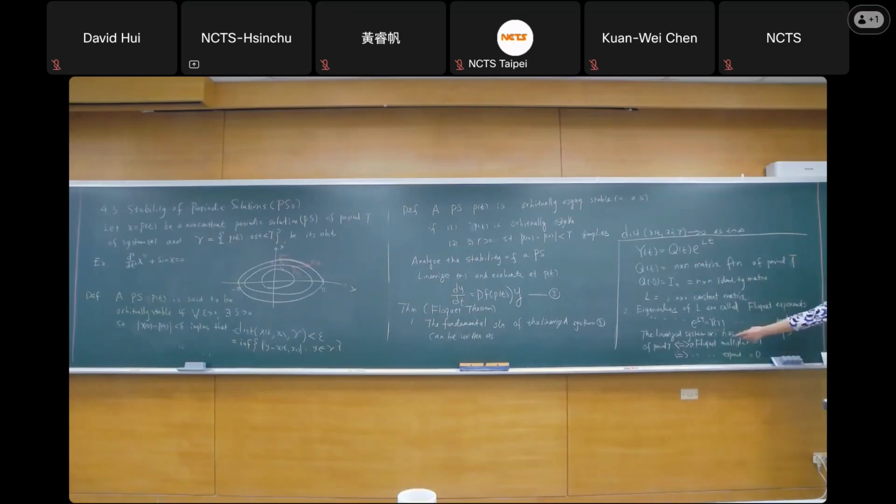So we know this is a necessary and sufficient condition. You can use this to identify the periodic solution by looking into this kind of structure.